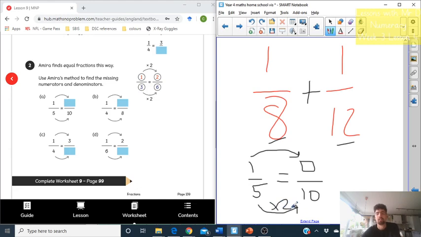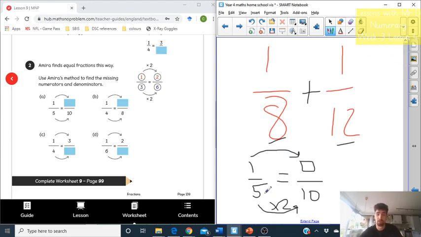This is why your times table knowledge is so crucial, because it's hard for me to go back and explain to you why 5 times 2 is 10, or to spot that relationship. That's where people get mixed up with fractions, because if that times table knowledge isn't there, then I've got to explain to you why 5 lots of 2 is 10.